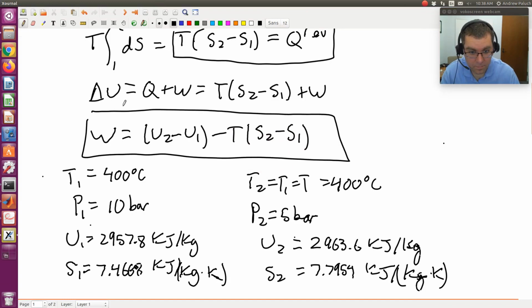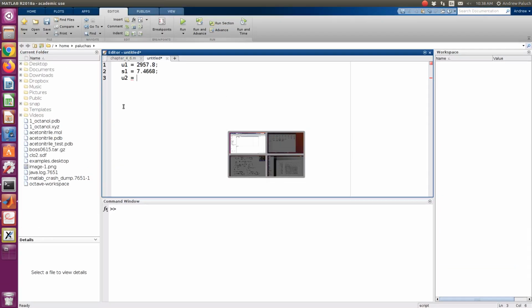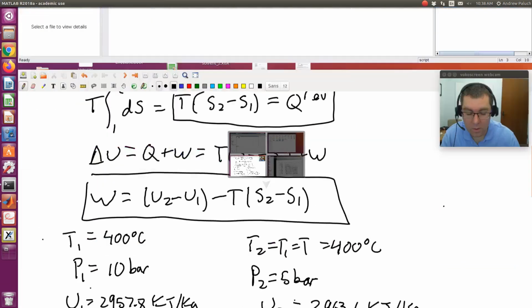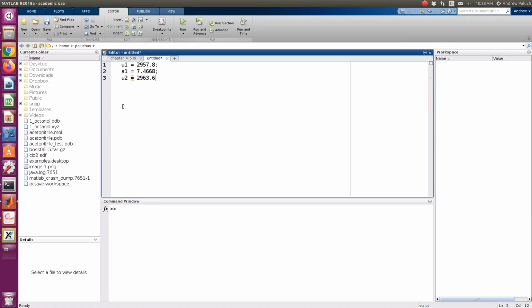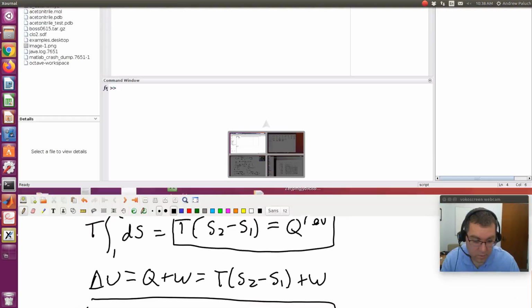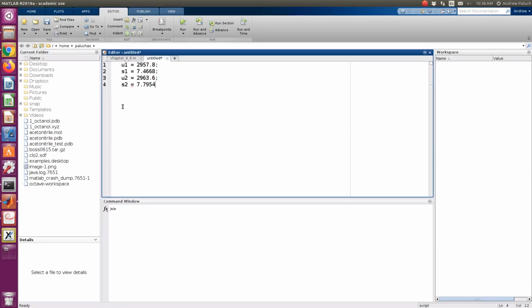U2 was 2963.6. S2 was equal to 7.7954. And T is 400 degrees C, but we need to convert to Kelvin, so I'm going to add 273.15 Kelvin to it. Okay, got it.